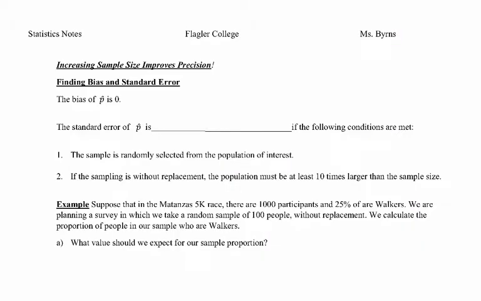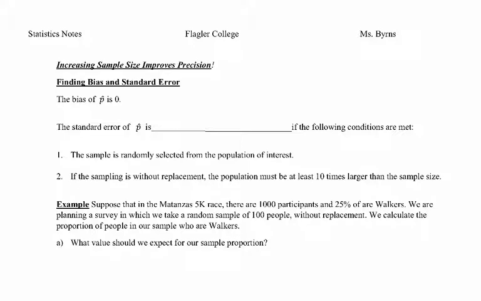So again, a little bit of a summary of what we've been talking about: finding bias and standard error. The bias of P hat is going to be 0. When we work with these, we're always going to take a random sample, so our bias is always going to be 0 for P hat. For the standard error of P hat, we're going to have a formula that you're going to want to know.